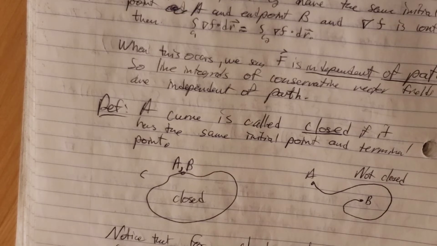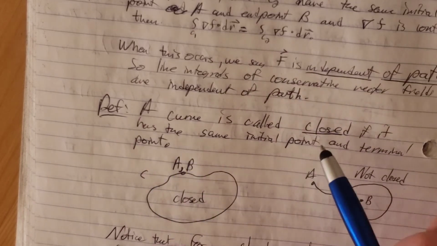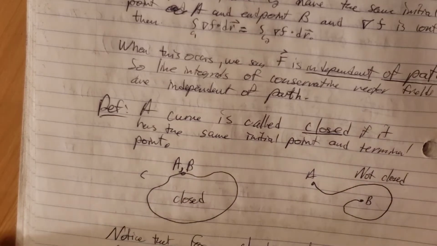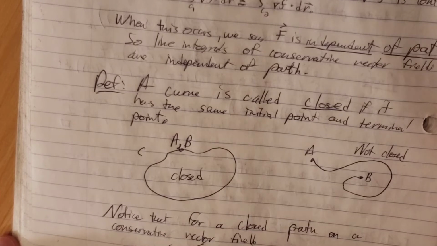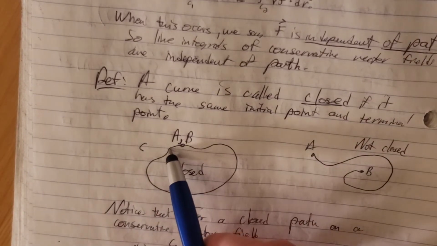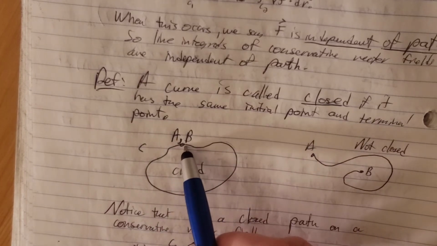Okay. There's a couple of other definitions we need before I discuss the next thing. A curve is called closed if it has the same initial point as terminal point. I've drawn some pictures here. If we take a curved path here and it is closed, then it forms a loop.